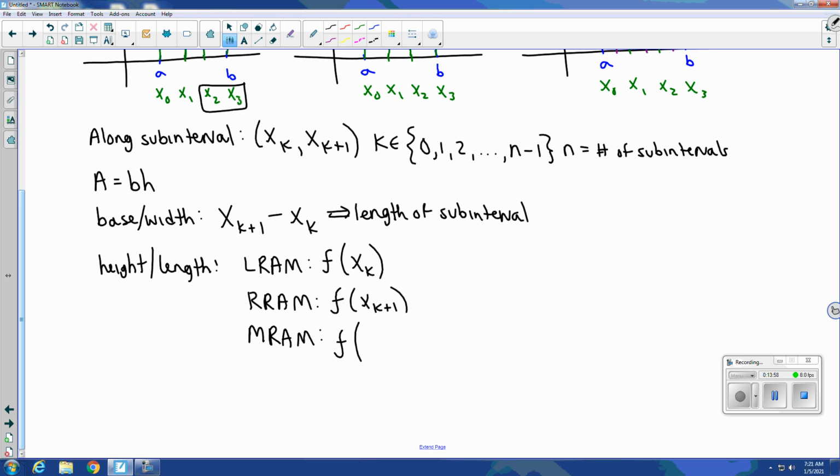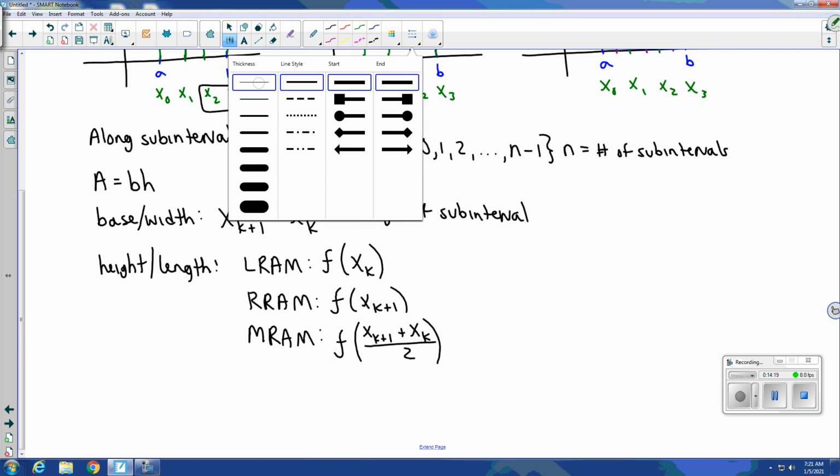How do we get a midpoint? Often it's easy to identify if the values that represent the endpoints for the interval are simple. You just find the value right in the middle. But if things get a little more complicated, the general formula, we're going to add together the values that represent the endpoints of the subinterval and divide by 2. We're just averaging. Okay, so we'll make a little note here.